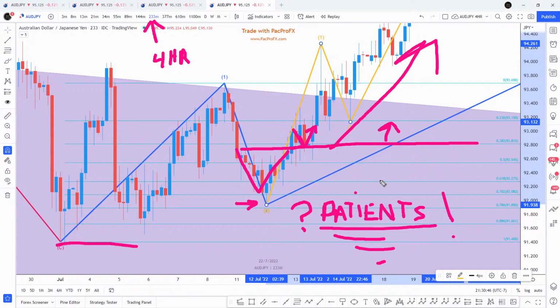Now this is just one thing, and actually this is not number one. This is number 3 in my book. Number 2 is I look at the overall structure on a higher time frame, so I'm looking for trend.